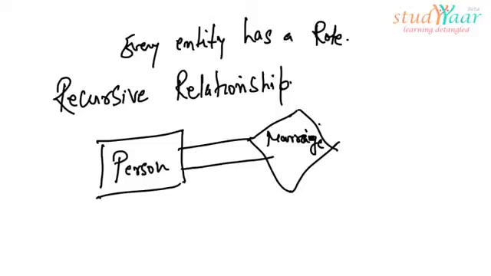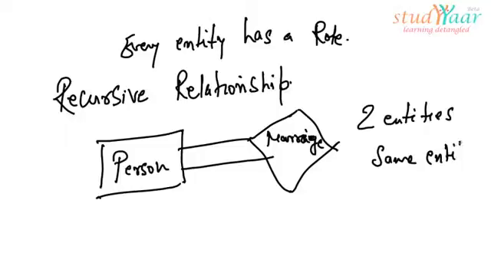So in this kind of relationship, two entities are involved. But the point to realize here is both the entities are of the same entity type. Okay? So now role comes into play.